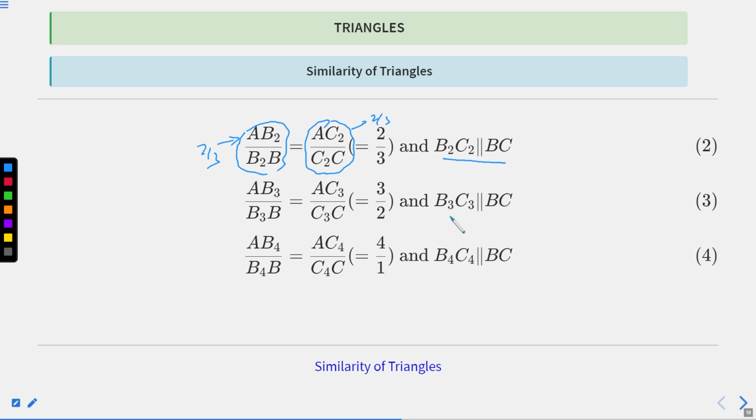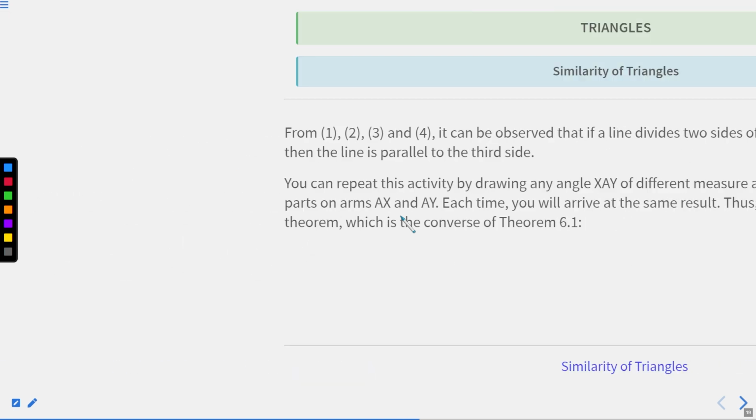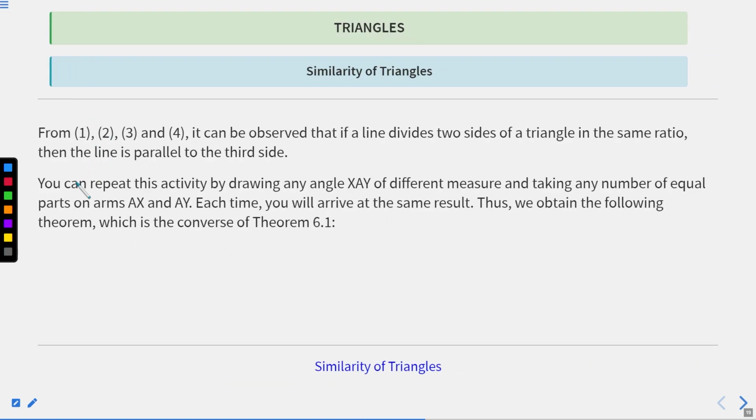AB4 divided by B4B is equal to AC4 divided by C4C, since both ratios are equal to 4 by 1, and the line B4C4 is parallel to BC. So from equations 1, 2, 3 and 4, it can be observed that if a line divides two sides of a triangle in the same ratio, then the line is parallel to the third side.